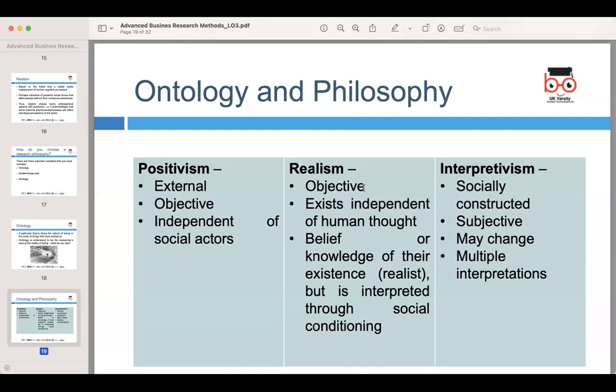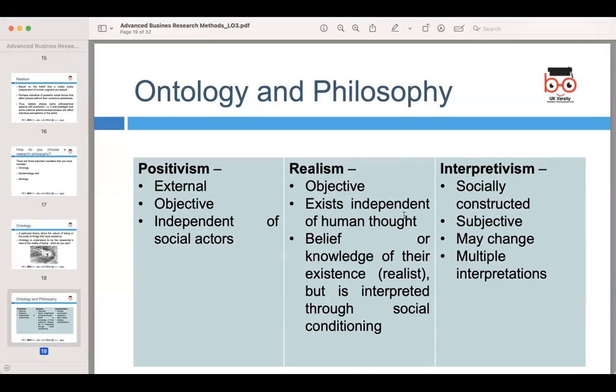Positivism views knowledge as something external to us, meaning it exists outside of our thoughts and experience. It emphasizes objectivity, which means that knowledge can be discovered and understood in an unbiased manner. According to positivism, knowledge is independent of social actors such as individuals or groups.